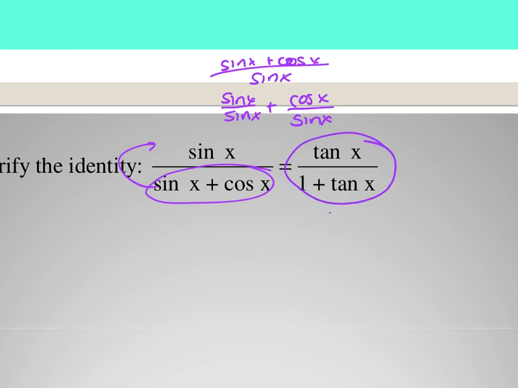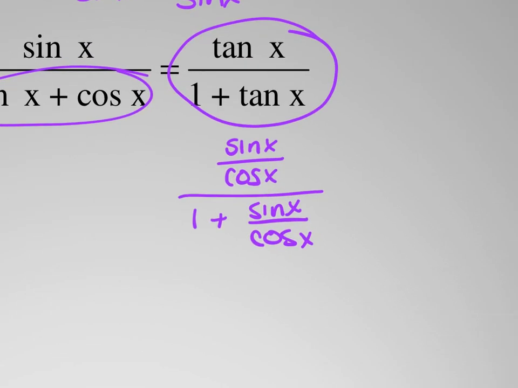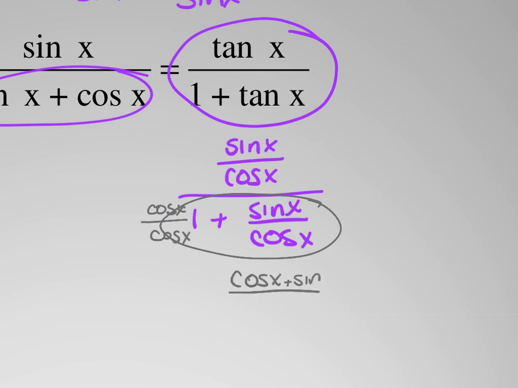So I'm going to do sine x over cosine x over 1 plus sine of x over cosine x. So then I want to combine this into 1 in the denominator. I'm going to make that cosine x over cosine x. And I get cosine of x over cosine x plus sine of x over cosine of x. So that replaces this whole thing.